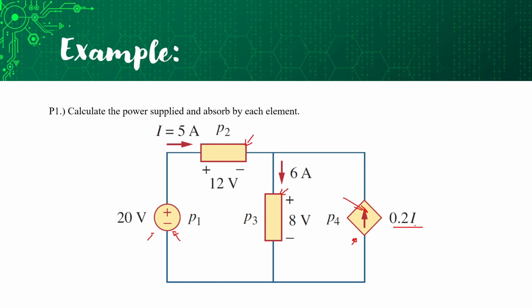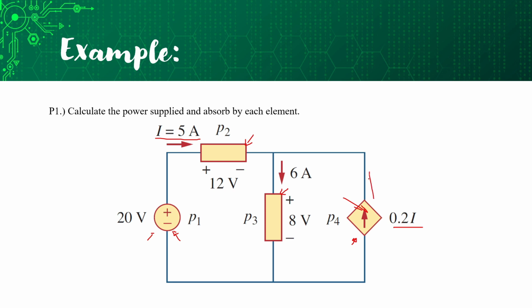Whatever the value of I is, multiplied by 0.2, that is the current supplied by this dependent source. So what is the value of I? The value of I is here. Therefore 0.2 times 5 is the value of this source.